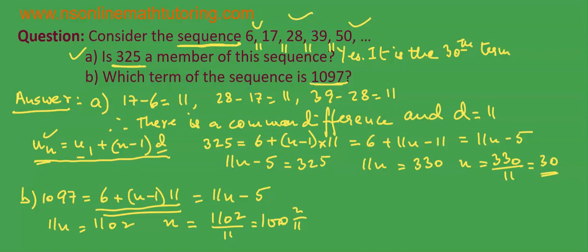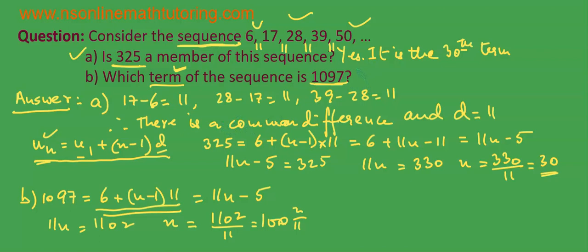And which term of the sequence? See the format of the question. Which term of the sequence is 1097? You will be prompted to find somehow an integer value, a positive integer value of n, to write the answer as this is the term. This has been given just to puzzle you, to confuse you. 1097 is not a term of this sequence.